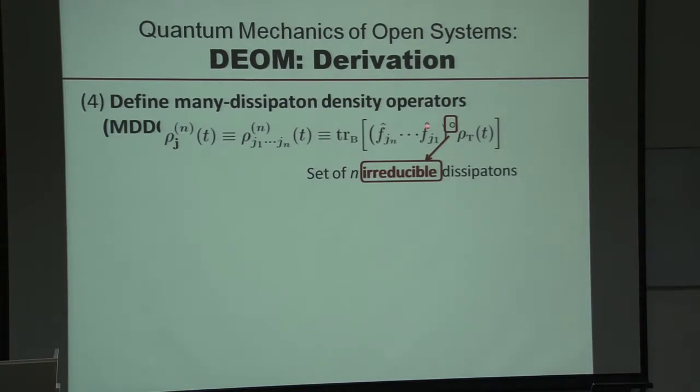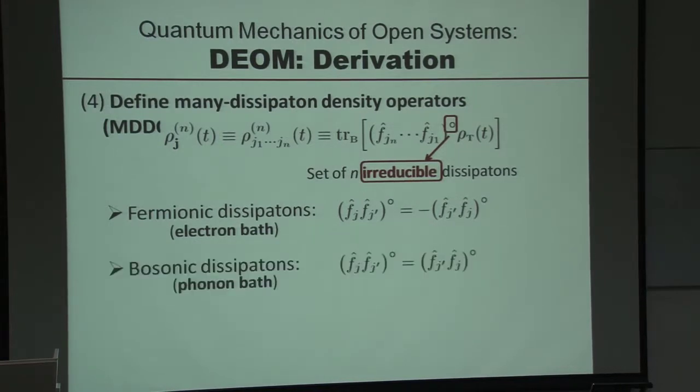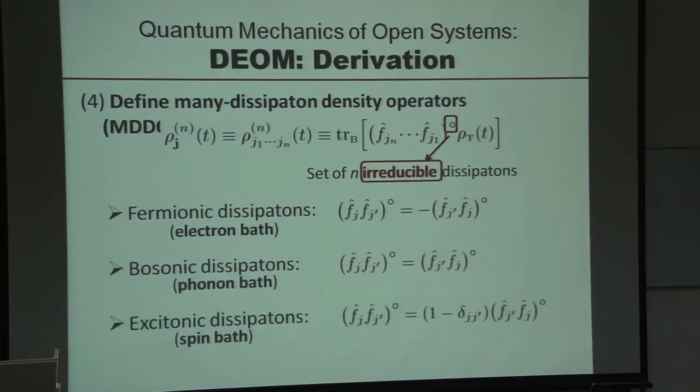An important thing here is that we put a small circle. This denotes irreducible dissipatons, which have simple relations. If you exchange fermion dissipatons, a swap or permutation gives you a minus sign. For phonon baths, the permutation does not bring a minus sign.